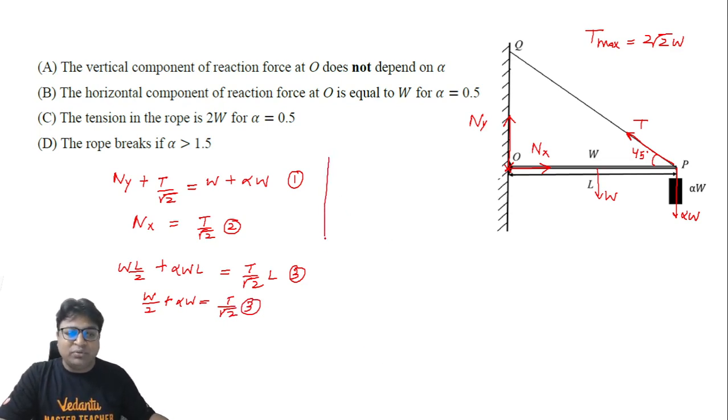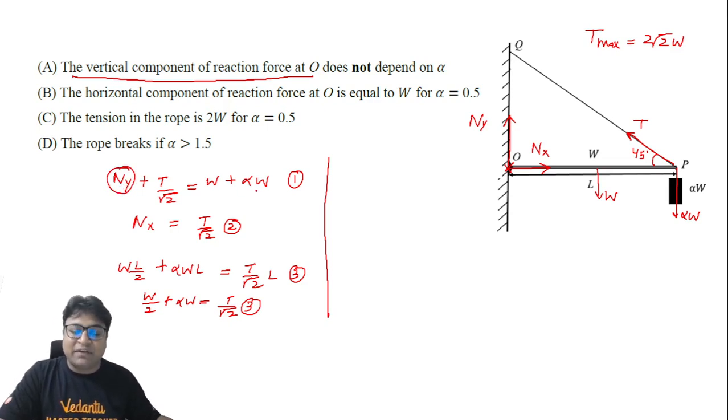Now, to figure out these options, we are going to make use of these three equations. Option A talks about the vertical component of reaction force, or force at A. That means we are talking about Ny, and we have to see whether Ny depends on the value of alpha or not. To figure that out, I'm going to substitute the value of T by root 2 from equation number 3 into equation number 1.